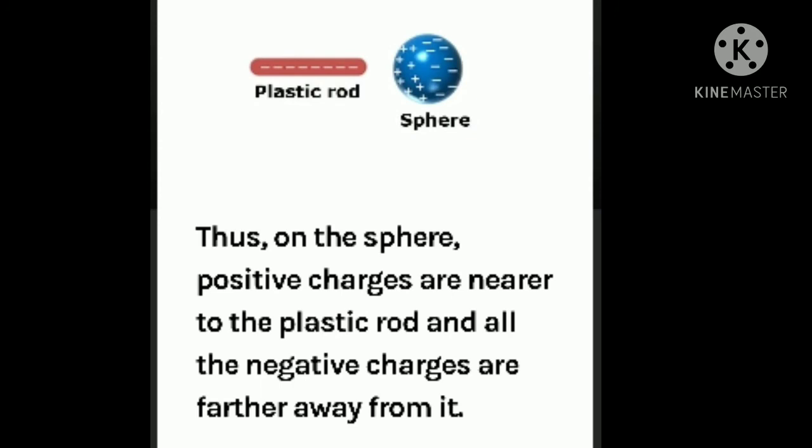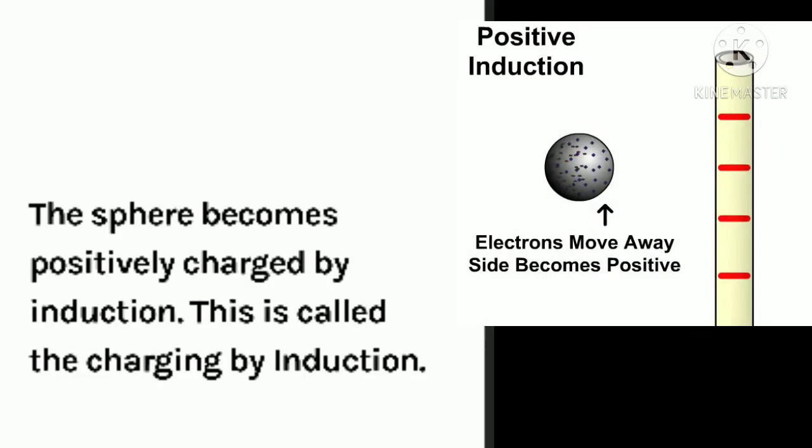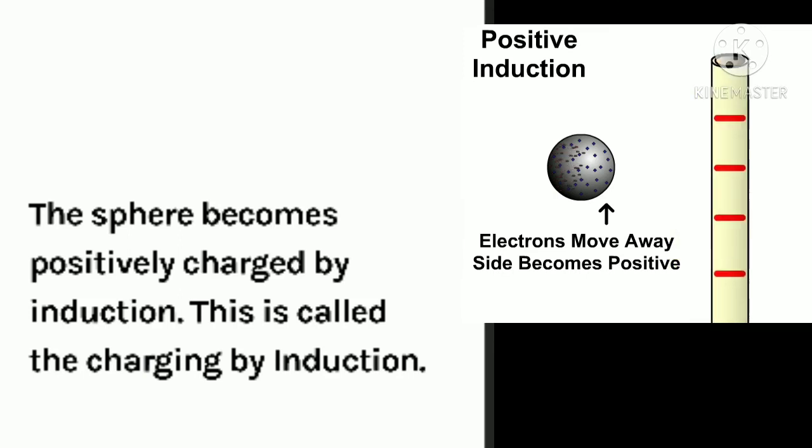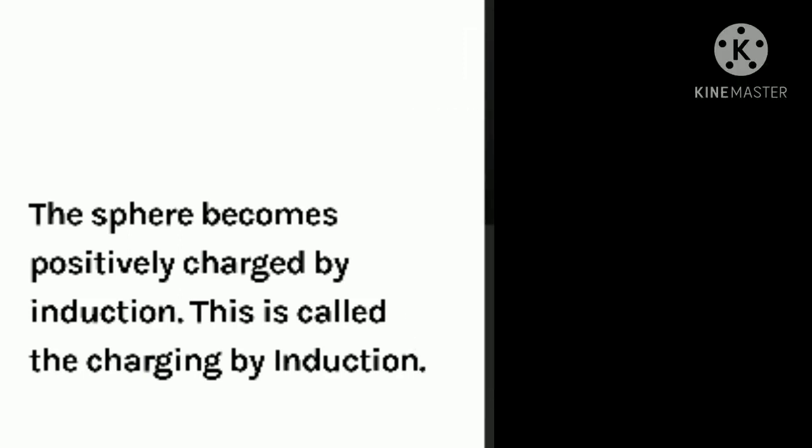Thus, on the sphere, positive charges are nearer to the plastic rod and all the negative charges are farther away from it. And when the sphere is connected to the ground through a wire, free electrons of the sphere flow to the ground. Thus, the sphere becomes positively charged by induction. This is called charging by induction.